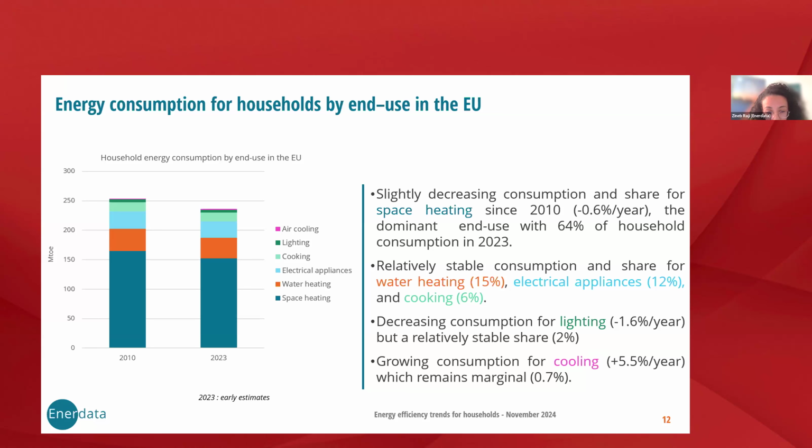But we can see that the lighting consumption has been decreasing over the years at a rate of 1.6%. And something important to note is the growing consumption for cooling, which has been growing at a rate of 5.5% per year over the period. But as I said earlier, its share remains marginal, as it's barely noticeable on the chart.